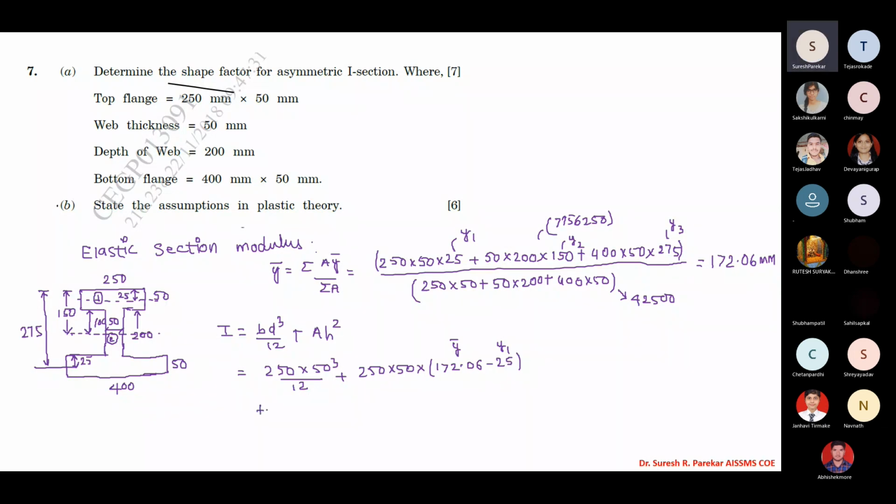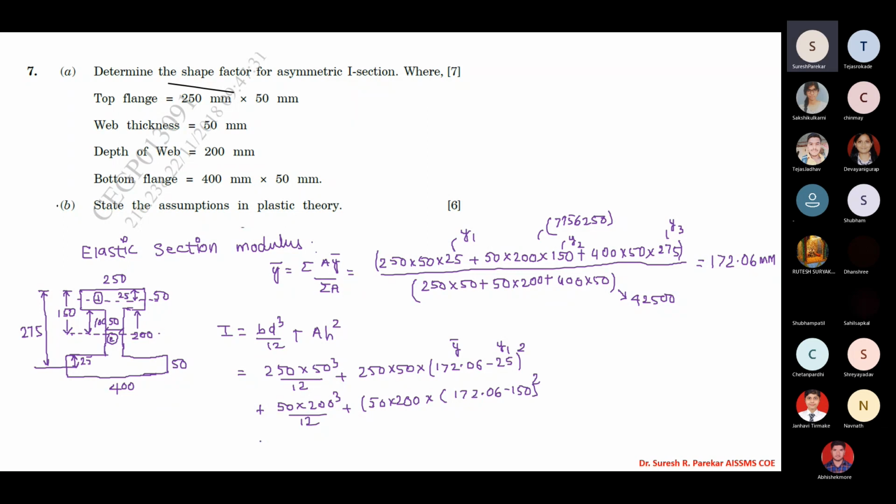Plus, we have second, web. B is 50, D we have 200, cube by 12 plus A into H square. A we have 50 into 200 and H we have y bar 172.06 and y2 we have 150, and the square of this.